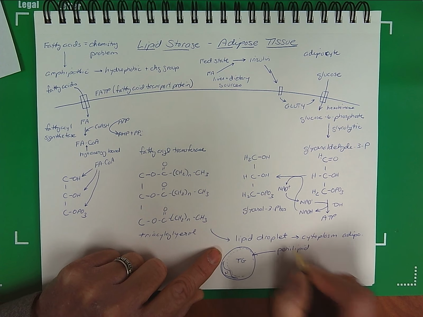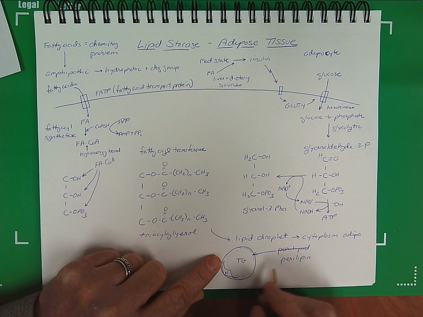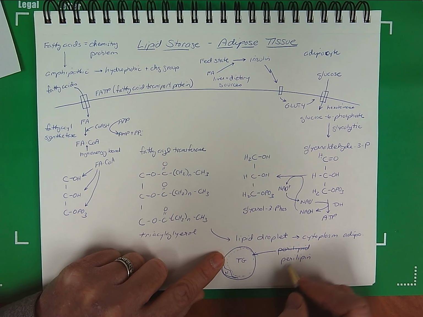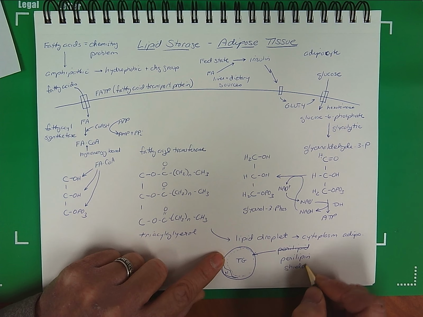Peri means around, lipid droplet, around the lipid droplet. So this, let me correct this spelling, it's called perilipin, and it's around the lipid droplet. This protein serves to shield the plasma membrane from the triglyceride structures to prevent lysis of the cell.